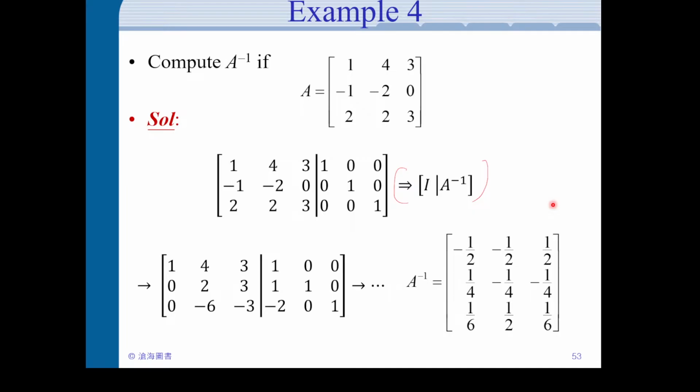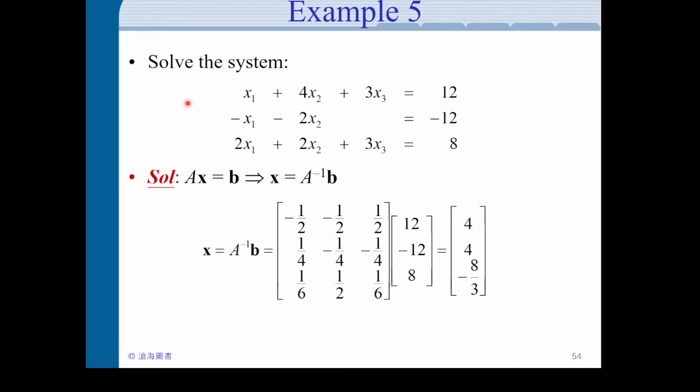And also from A minus 1 we can go back to solving the linear system. We know that Ax equals B, so if A minus 1 exists, then x equals A minus 1 B. You can multiply A minus 1 on both sides.